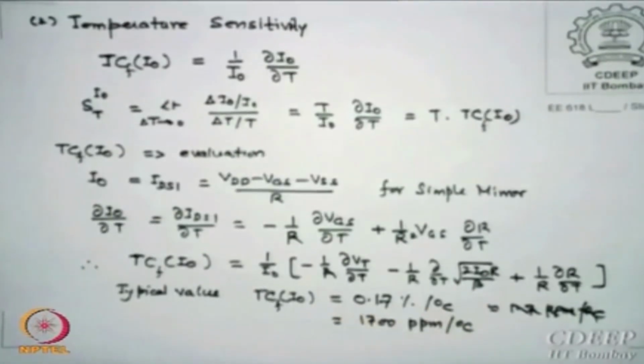But normally all TCs are expressed in what numbers? Not in percent, they always express in parts per million, 1 in 10 to the power 6. So if you convert this into parts per million, it is 1700 parts per million per degree centigrade.